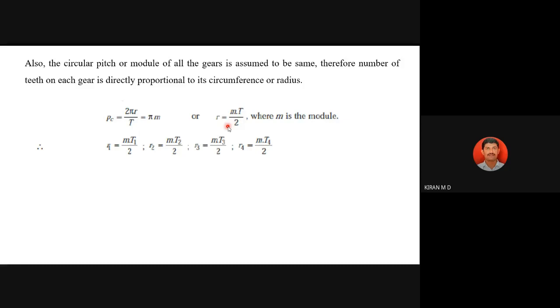In the starting class only I told you, the module of two engaging gears should be same. Are you following?